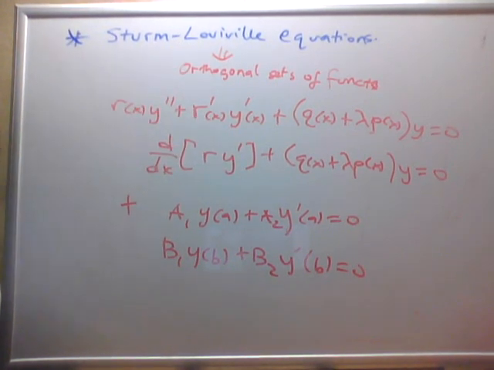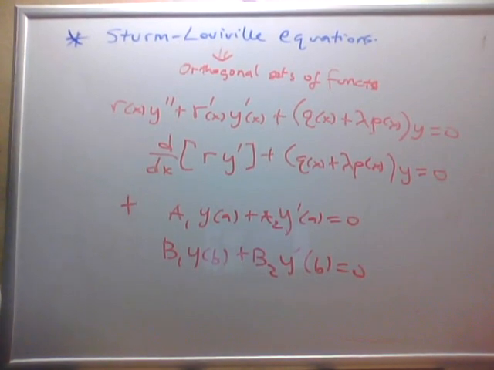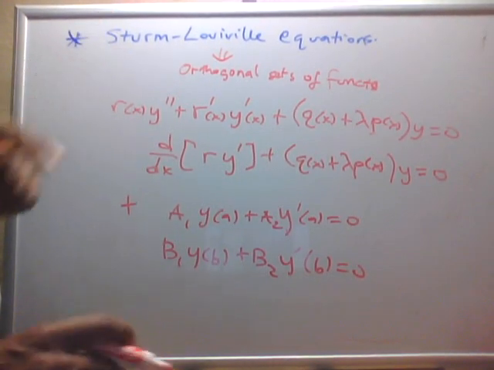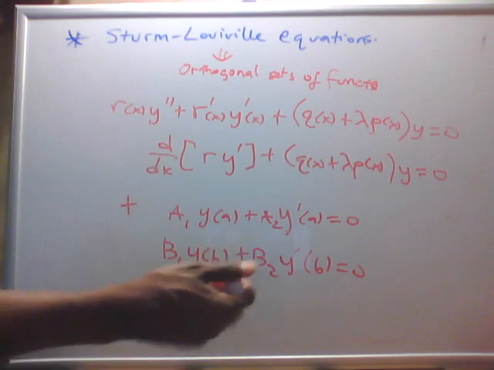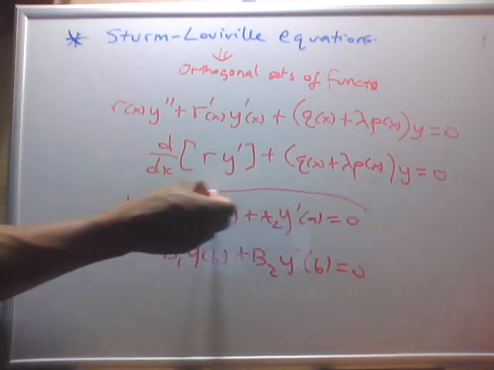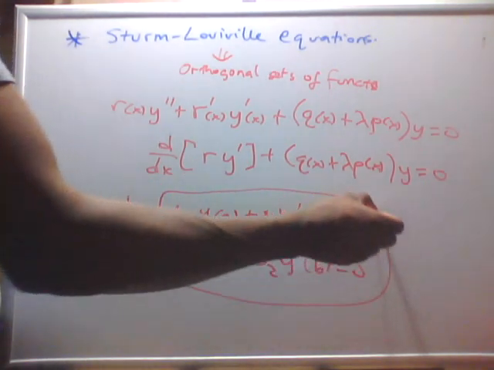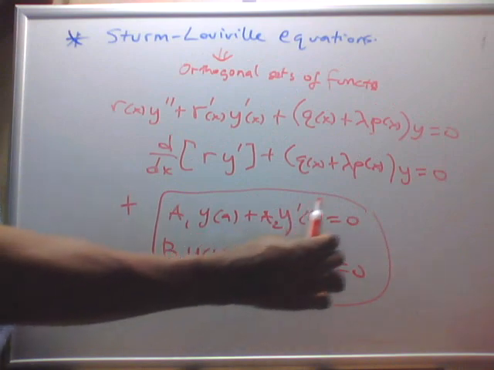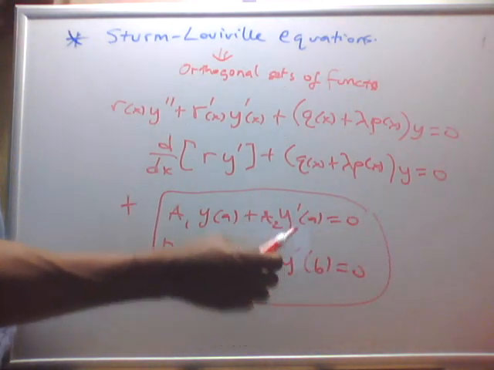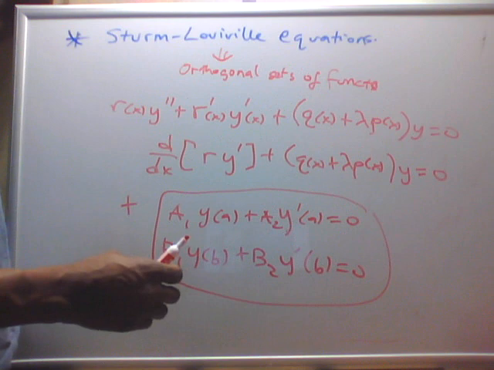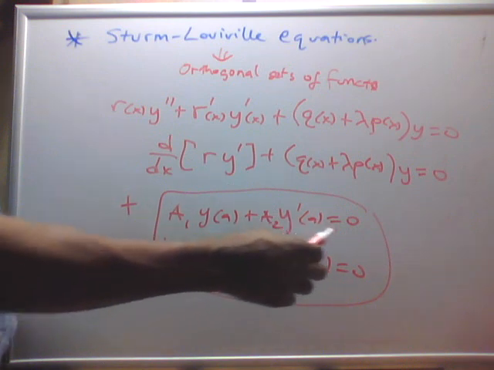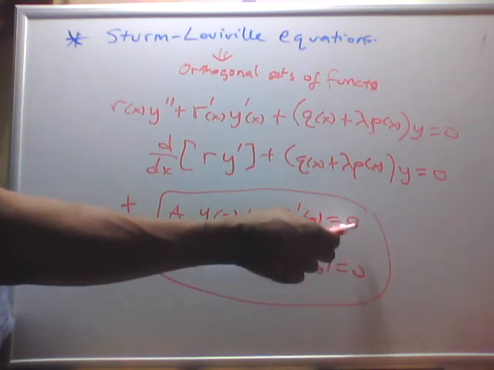Before we get to that point, just to remind you what these boundary conditions are: two homogeneous boundary conditions, homogeneous being equal to 0 on this side.